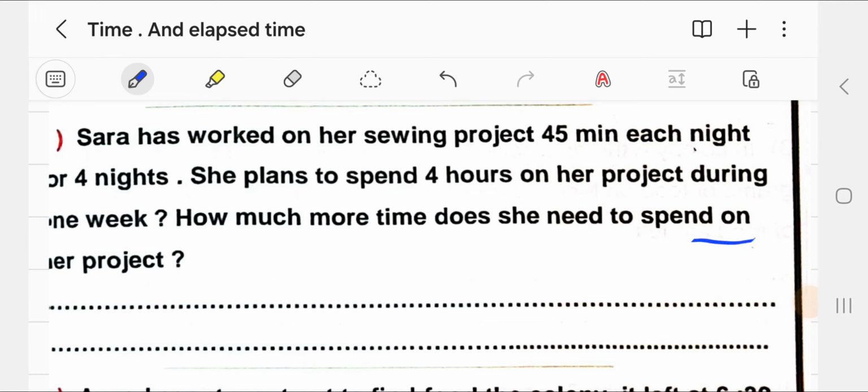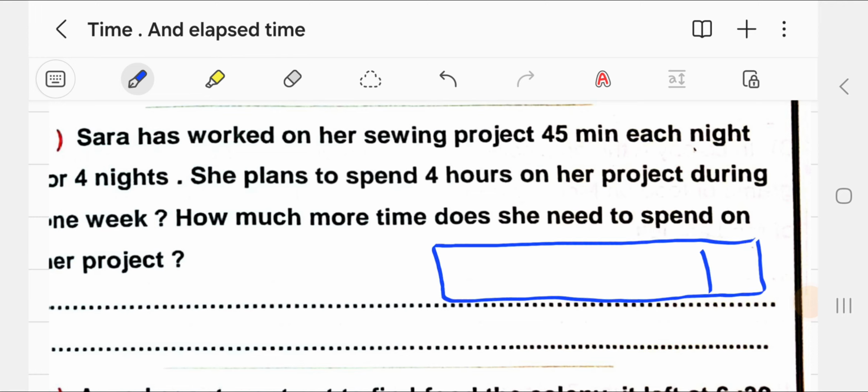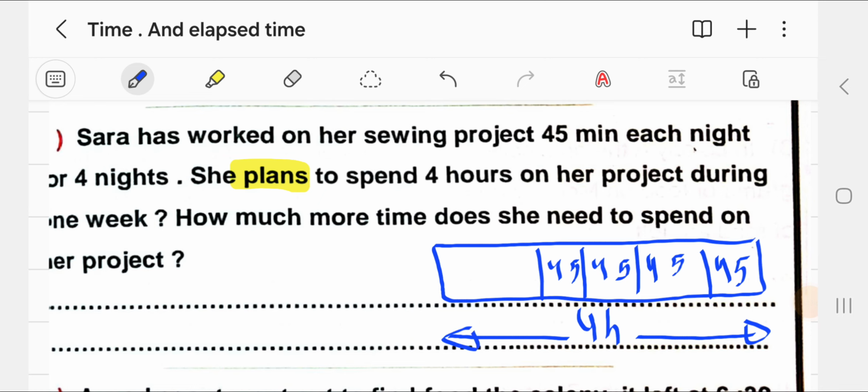So in the first night 45 minutes, in 4 nights she works 45. She plans to spend 4 hours on her project. She planned to work 4 hours, so we write 4 hours. She wants the whole time she works in the week to be 4 hours. Four days have passed, so I have 3 days left in the week.